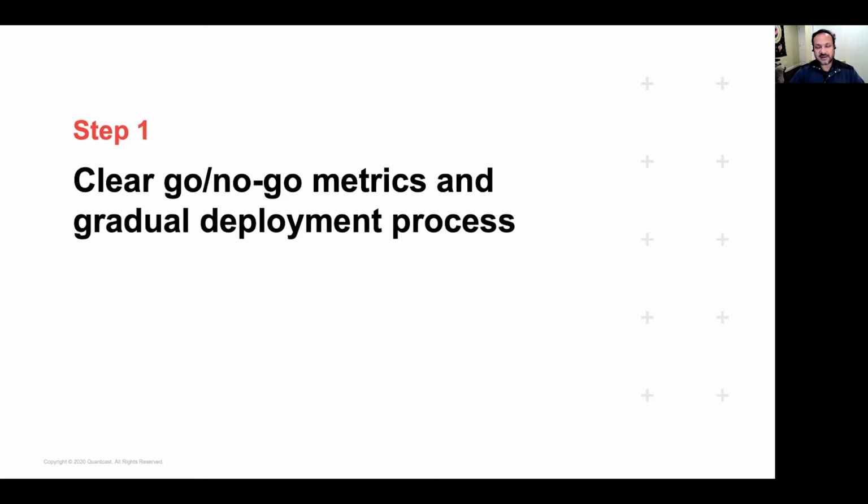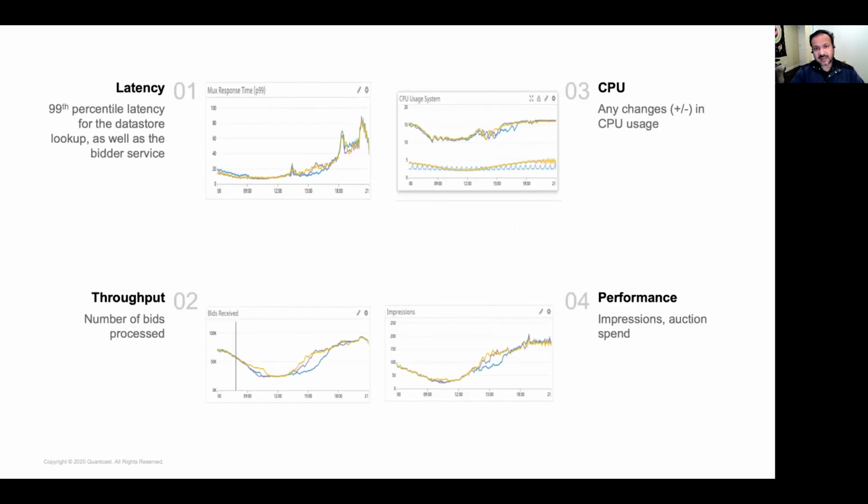Like we don't see any regression in the canary rack as compared to the control racks. So these were the metrics that we came up with, and any deployment process should make sure that there were no regressions in any of these metrics.